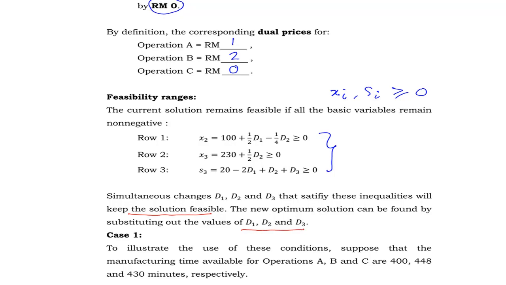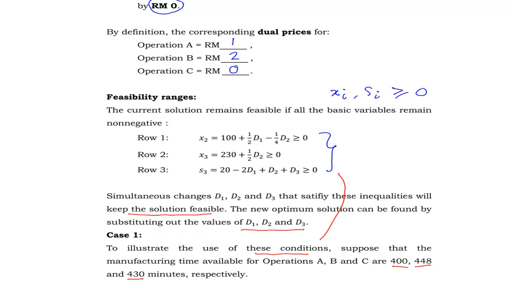Okay, let's look at an example as in case 1. To illustrate the use of these conditions, suppose that the manufacturing time available for operations A, B, and C are 400, 448, and 430 minutes.